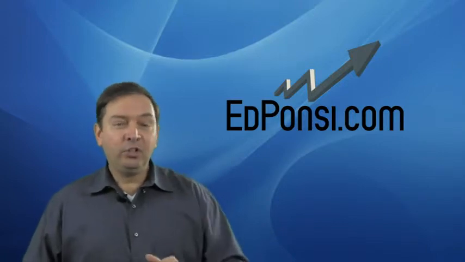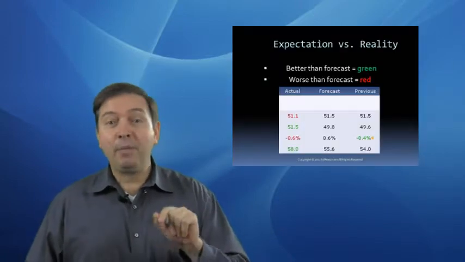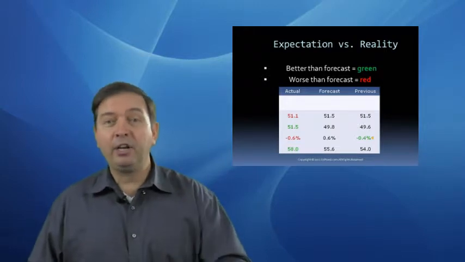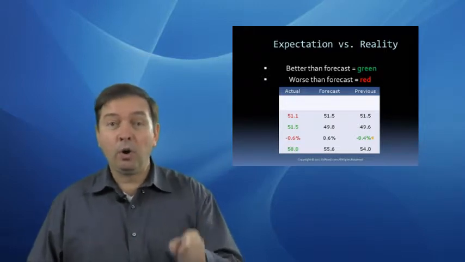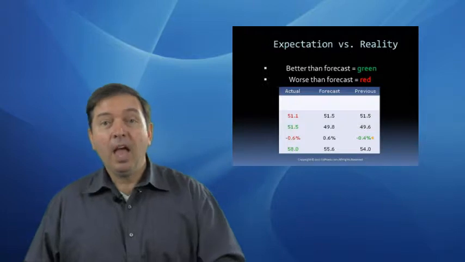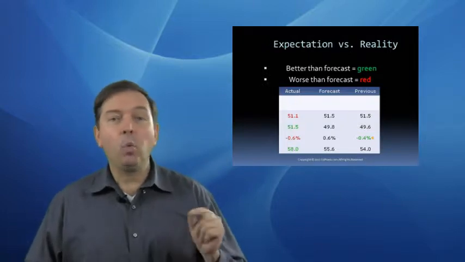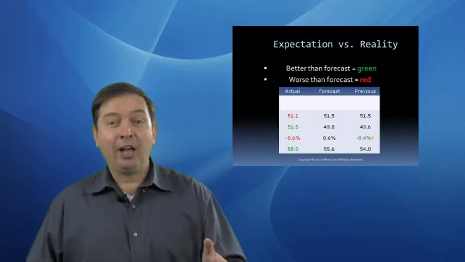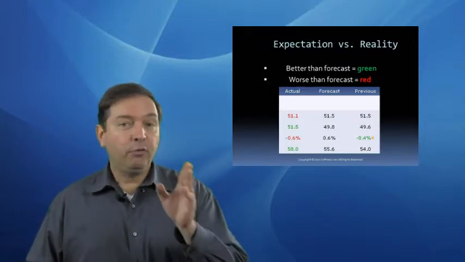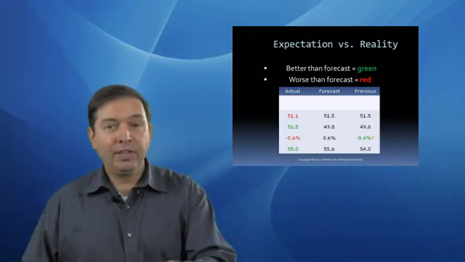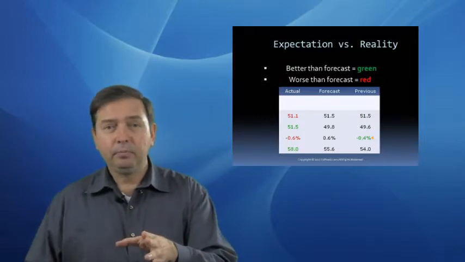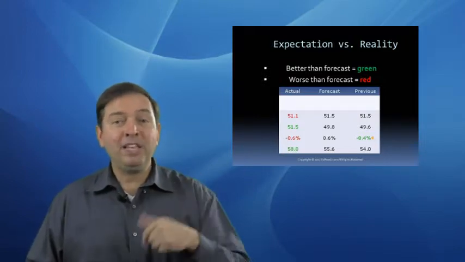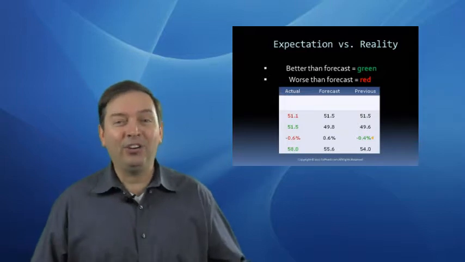Now, on this shot, you can see certain things that have come out better than forecast, highlighted in green under the word actual. And you can see some things that came out worse than forecast, highlighted in red under the word actual. Okay, so you can see the forecast right there in the middle. That's your consensus forecast. The green ones are the ones that beat the forecast, so that's like a good report card, right?